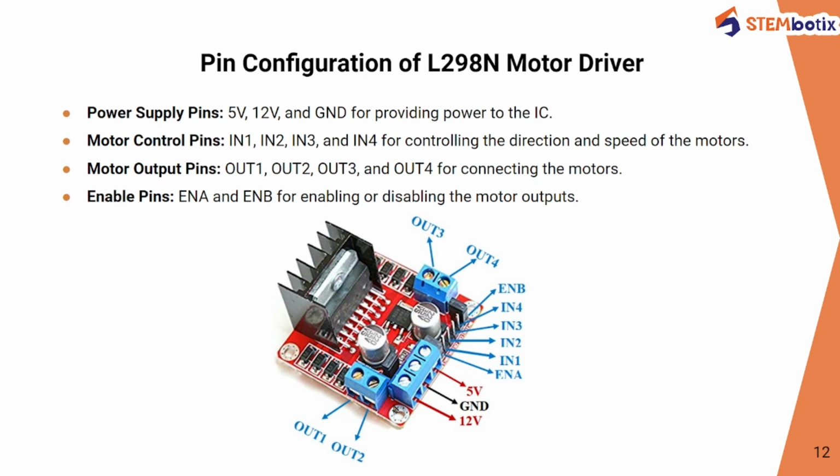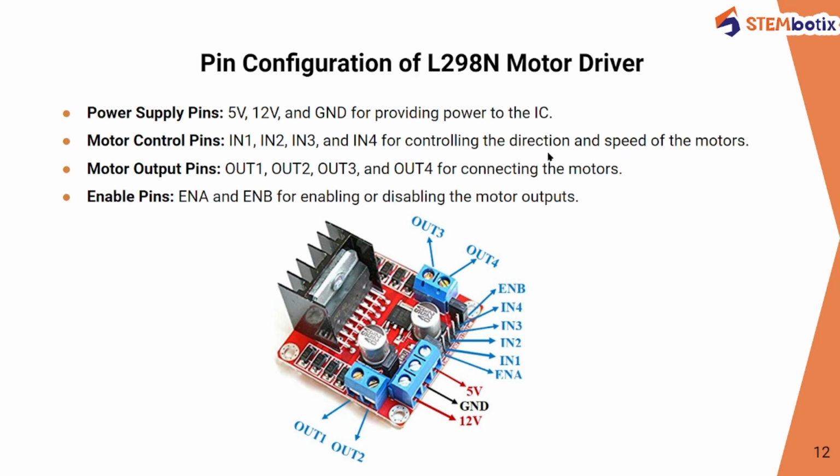Each channel on the module can supply up to 2 ampere to the DC motor, and the amount of current supplied to the motor depends on the capacity of the motor power supply. After that we have the direction pins, meaning the motor control pins. These are IN1, IN2, IN3 and IN4.